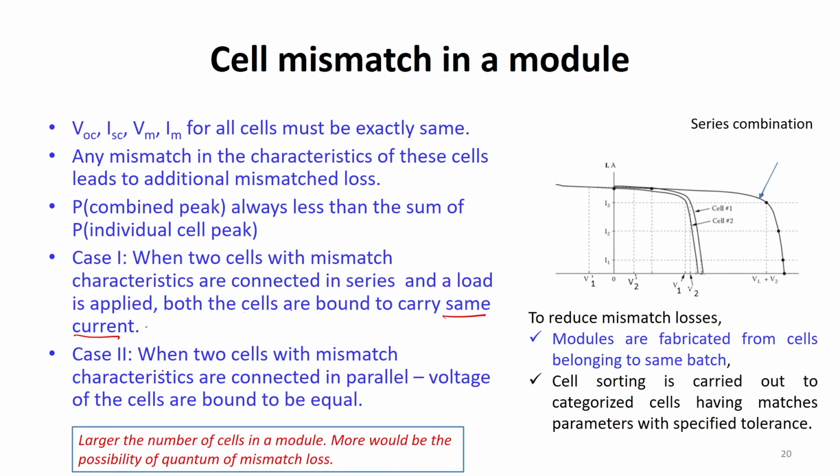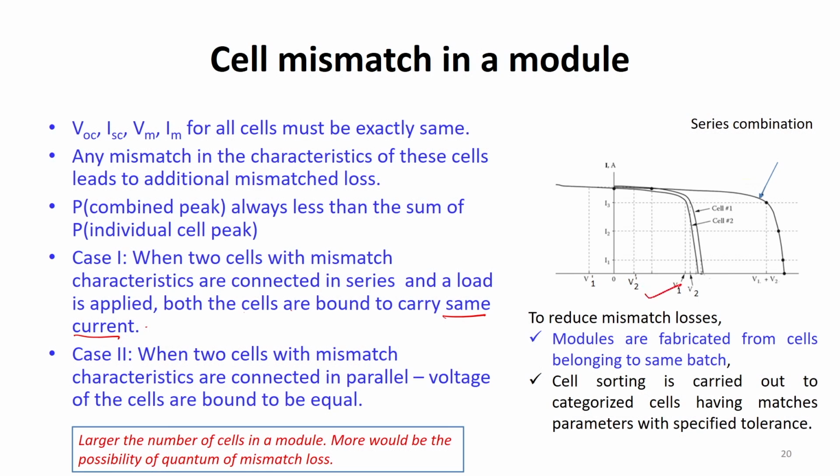And in case 2, when two cells with mismatched characteristics are connected in parallel, the voltage of the cells are bound to be equal. Okay? And also the larger the number of modules, more would be the possibility of quantum of mismatch losses. So, that is how we need to have optimized number of cells in order to have maximum power conversion and loss minimization.